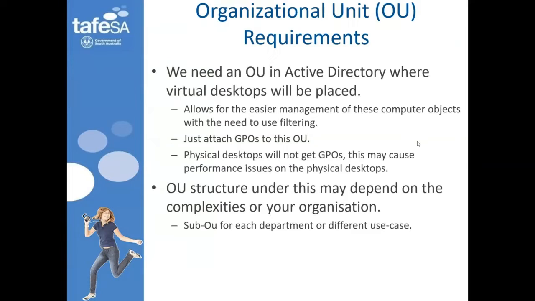So basically, we need an OU in the Active Directory where all the virtual desktops are placed. If you remember back in the first worksheet, we actually did that, didn't we? We called it the virtual desktops OU. Do you remember that?